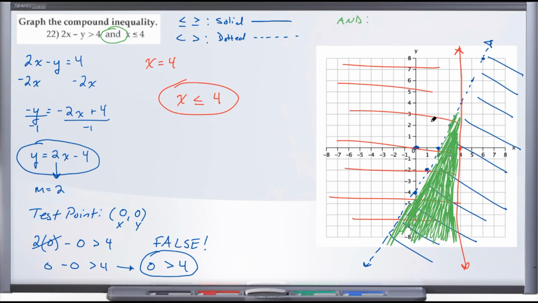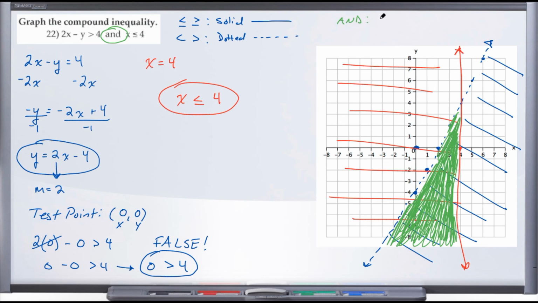If you were to choose a point from just the red shaded section, it would only work for x is less than or equal to 4. If you were to choose a point from just the blue shaded region, that point would only work for the inequality 2x minus y is greater than 4. But if you choose a point from this green shaded region here, you could plug that point in and it would make both of these inequalities true.